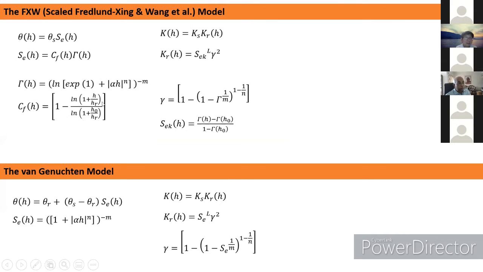So the equation looks confusing, but it's not confusing. It's quite simple. When you have the water retention, the water content at a particular potential is a function of the saturated water content times the saturation index. And this saturation index is made up of two values. One is this gamma, which is the conventional water retention function.